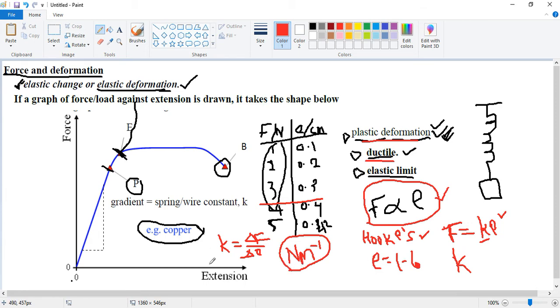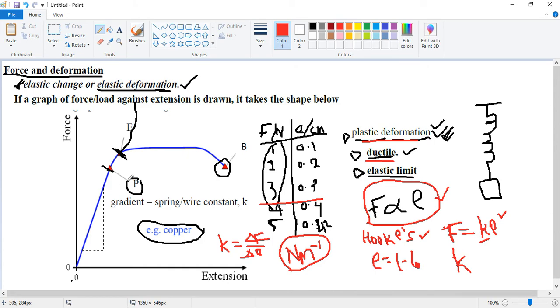So that is Hooke's law. For small extensions, force is directly proportional to the extension, or for small loads, the force is going to be directly proportional to the extension. Some people prefer to state that provided the elastic limit is not exceeded, the extension of a material is proportional to the applied force.